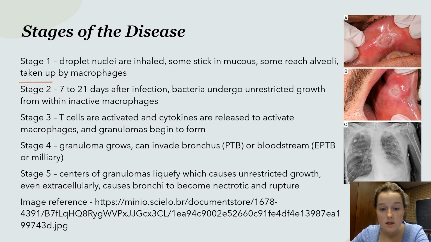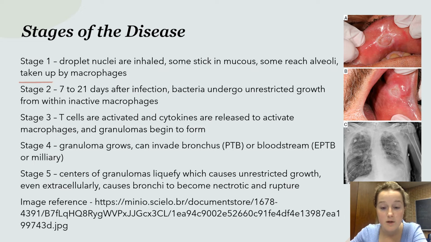Stage 3 is when T cells are activated, and they release cytokines which activate macrophages, and this is when granulomas form. So a key component of tuberculosis is these granulomas, which are basically the bacilli taken up by macrophages that form a cluster that is then surrounded by lymphocytes, and essentially the TB cells can't keep generating unrestricted.